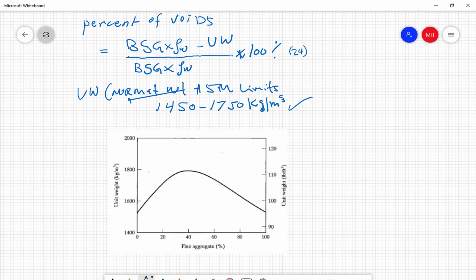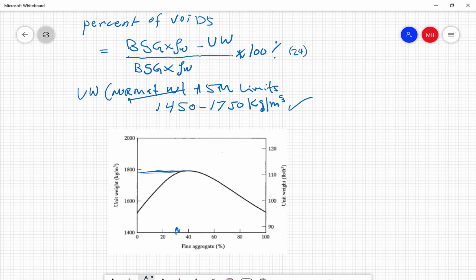But what I was saying before I got distracted by sliding this graph, if we have a plot of unit weights of blend of aggregates, it shows a maximum unit weight when the fine aggregates are in the range of 35 to 40%, somewhere here. Okay, so let's say about 40% fine aggregate, as we mentioned in the class, of the total aggregate, gives us the maximum unit weight.